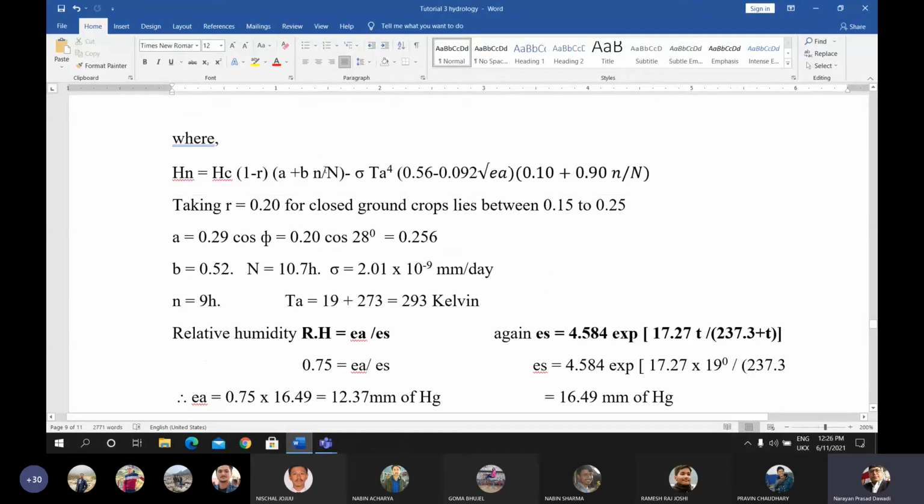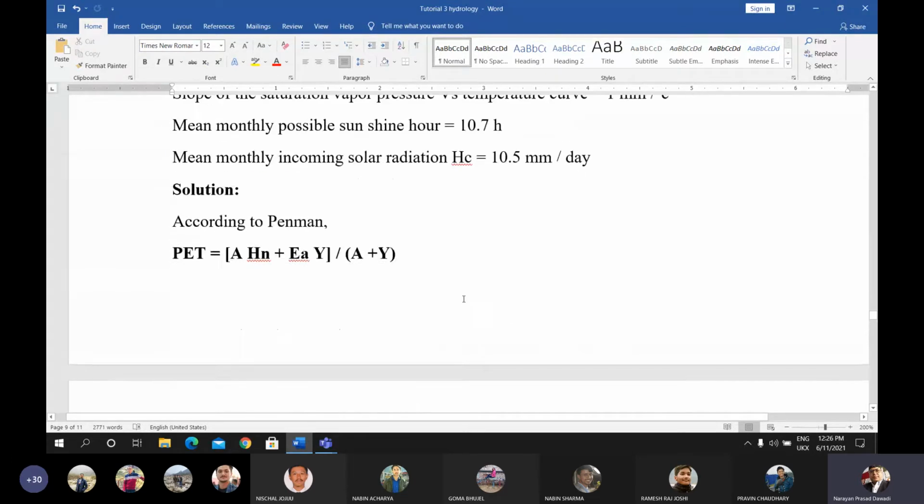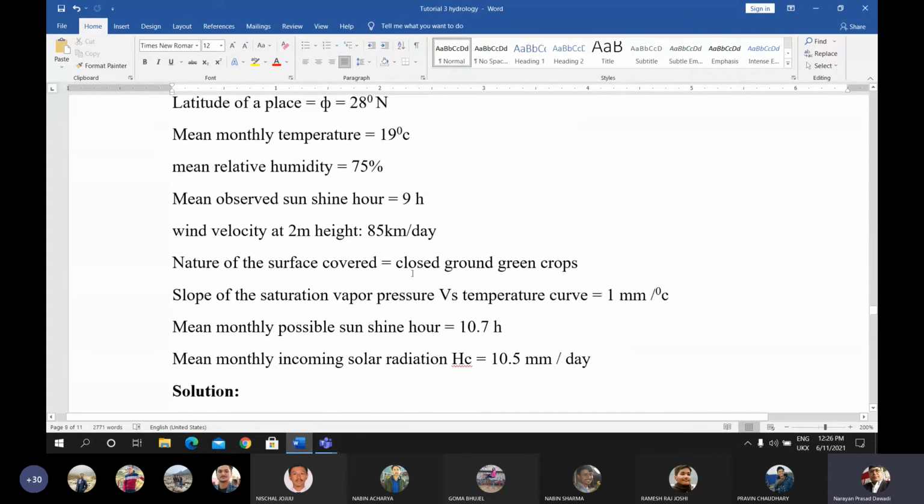The a value is 0.256. b is also a constant whose value is 0.52. That is taken for the Penman's equation. Okay. Now, the mean possible sunshine hour and the mean observed sunshine hour are given in the question.